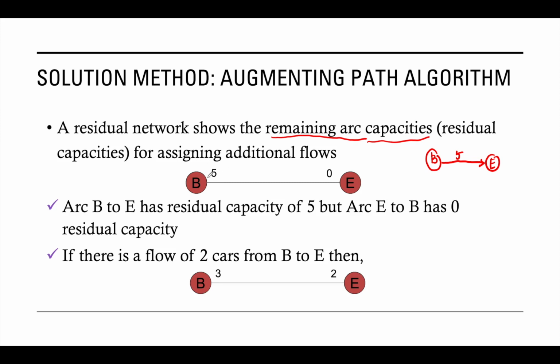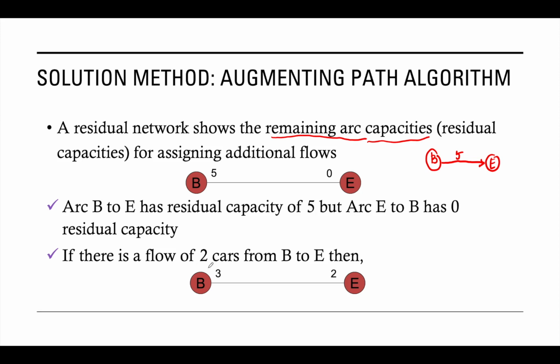Because you let two units or two cars move from B to E, then the capacity for you to move from B to E gets reduced by 2. So your 5 becomes 3. However, the capacity of moving back from E to B now increases by 2.